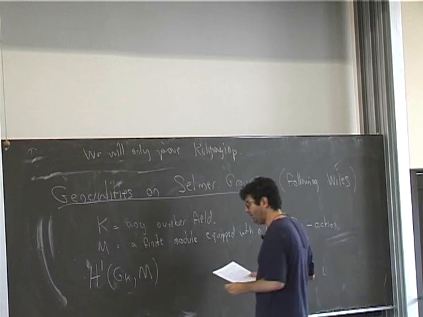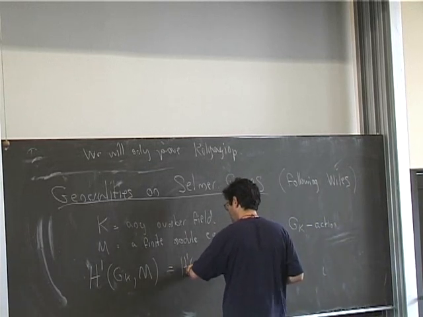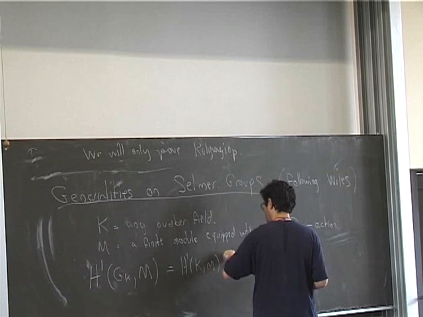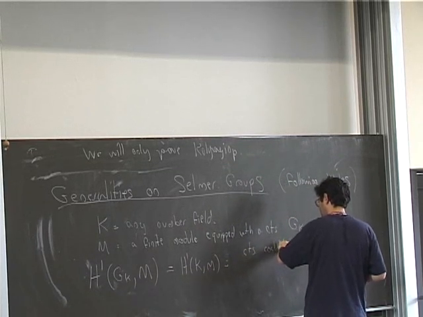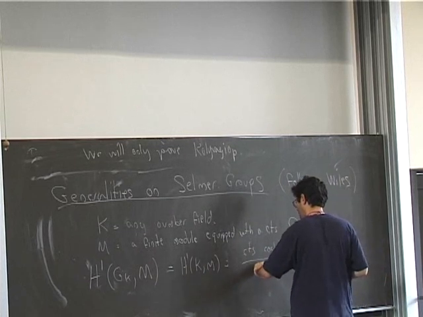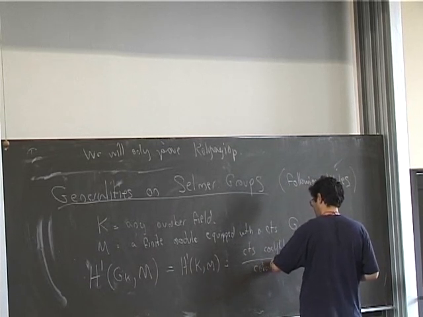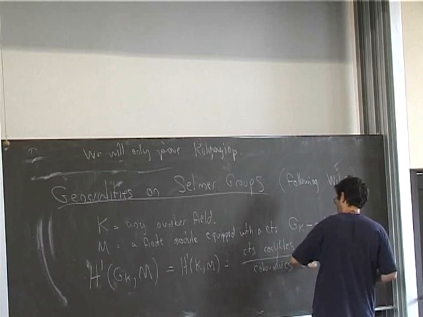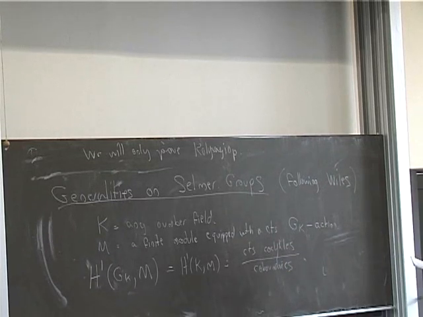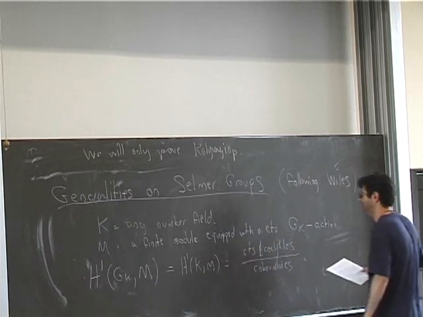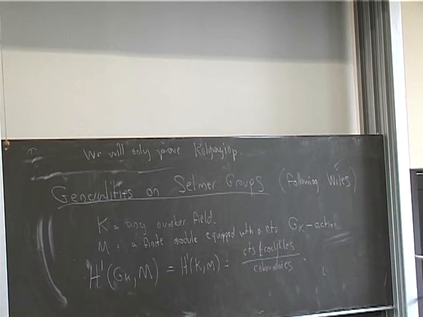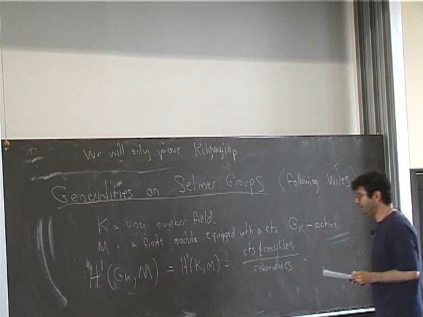I also write this as H1(K, M), okay? So it's continuous one-cocycles, of course, modulo the one-coboundaries.